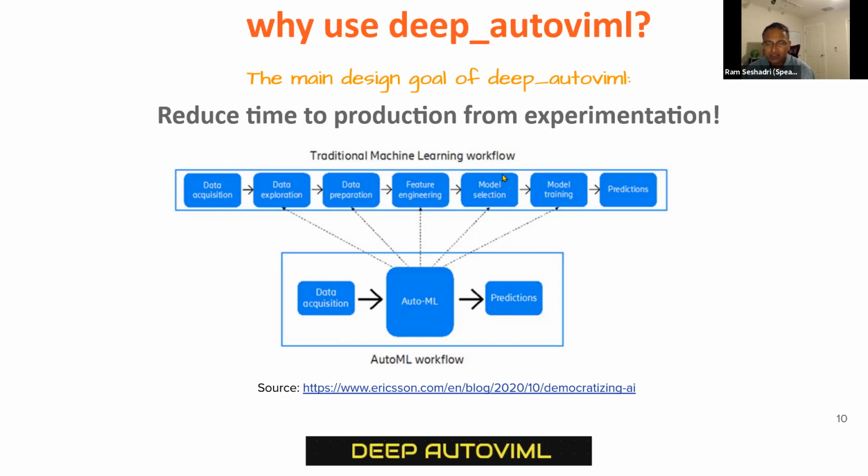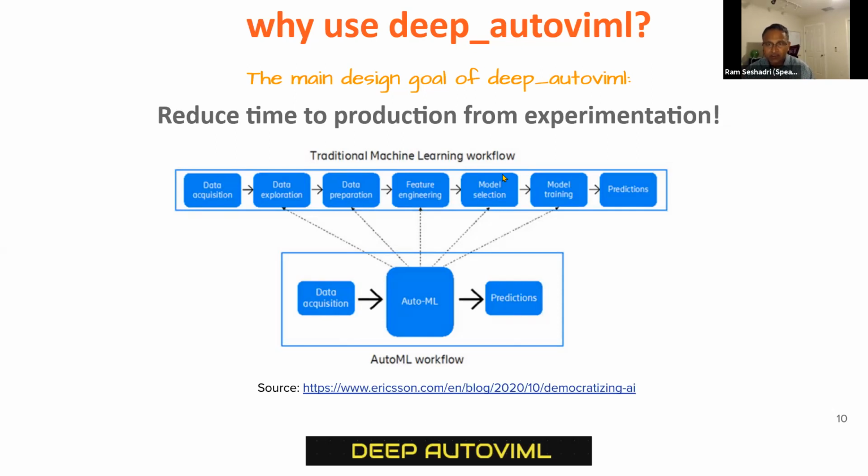AutoKeras has a different syntax for different tasks. For example, for NLP it's got a different classifier. For image it's got a totally different syntax, and for tabular data it's got another syntax. That's one thing. And second, it takes a bit of time for very large data sets.